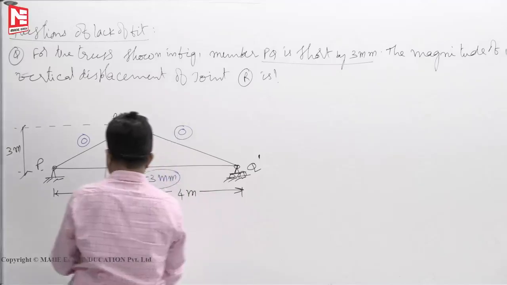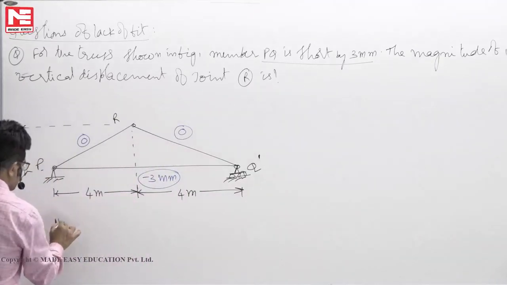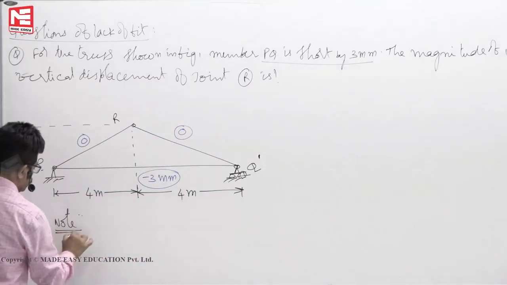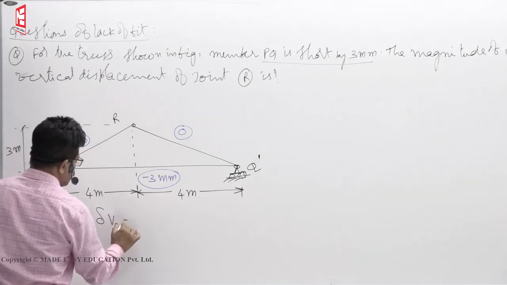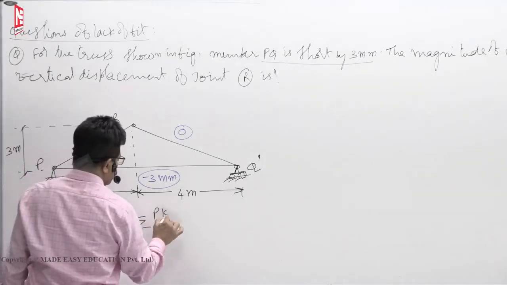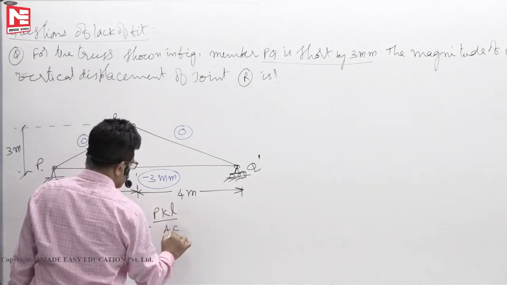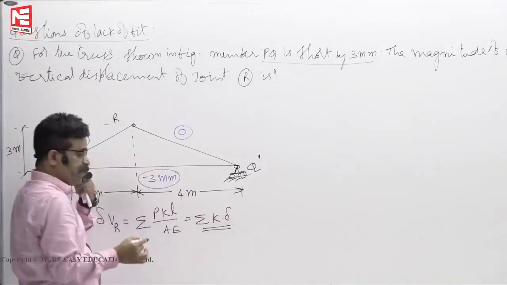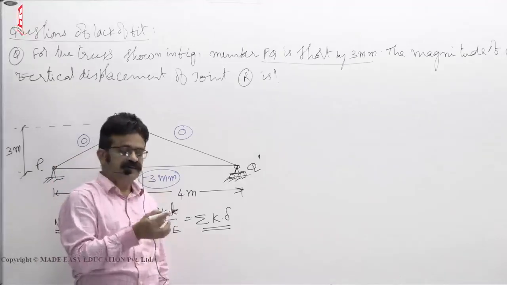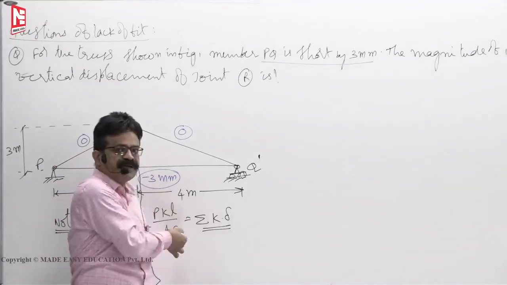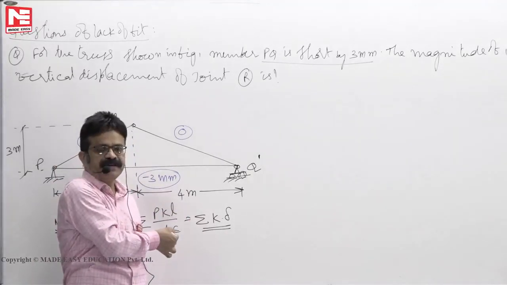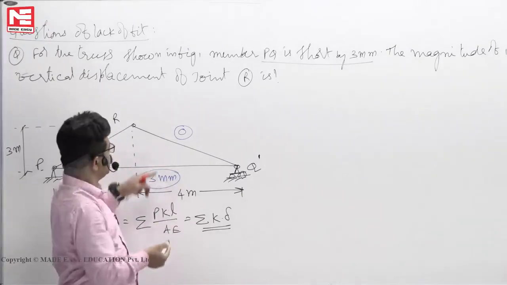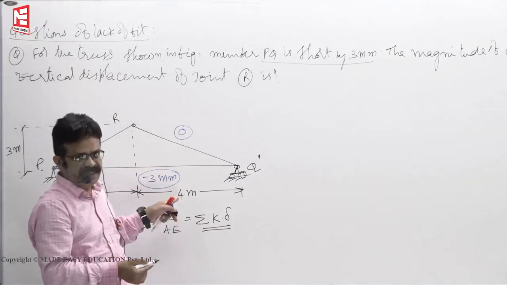Now the scope of the work is this one. Note: delta vertical displacement of R equals summation of PKL by AE, plus summation of K into delta. That PL by AE, I told you in the beginning, delta may be because of PL by AE, or because of alpha TL, or because of this type of fabrication error.